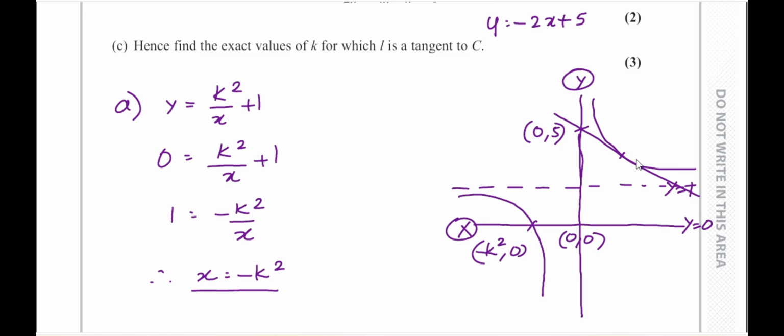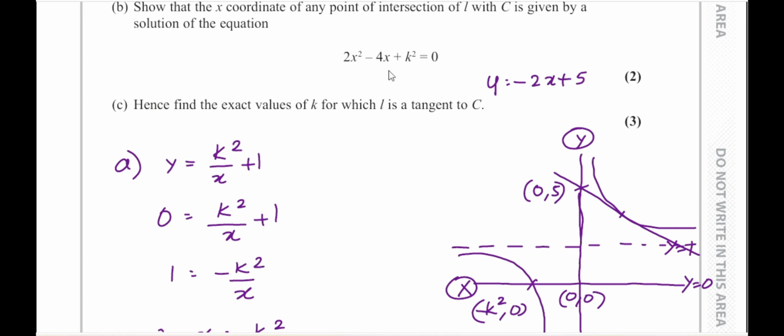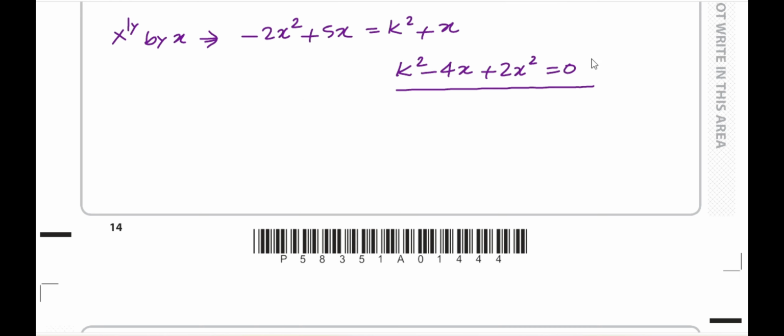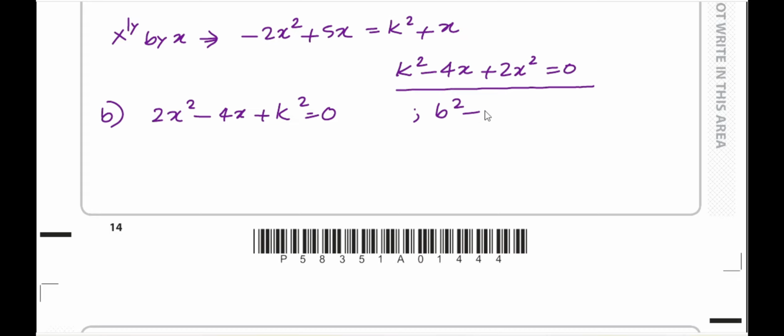So we already have an equation which is derived from the previous question, and using this we will put the determinant equal to 0 and solve for k. So rewriting this equation as 2x square minus 4x plus k square equal to 0, we will say that b square minus 4ac equals 0.